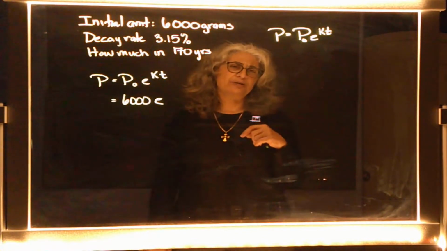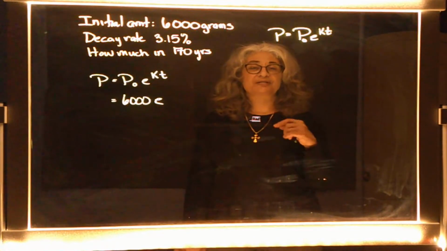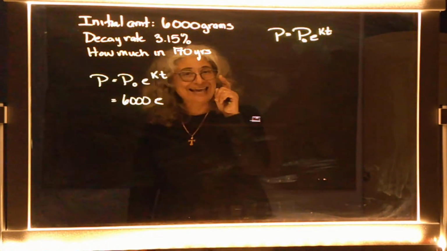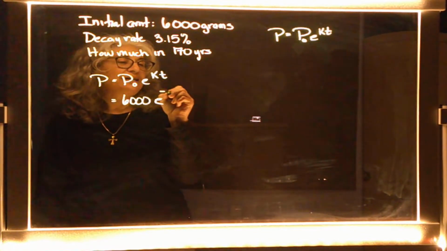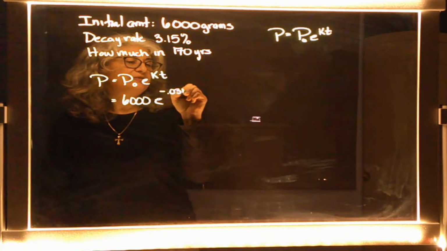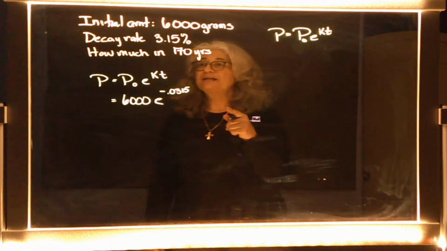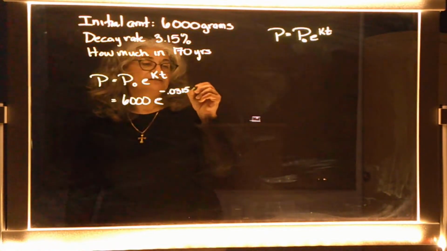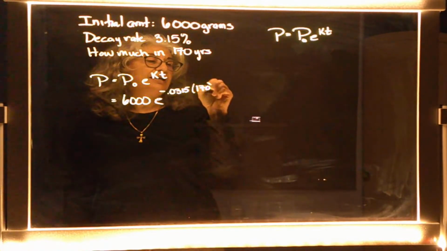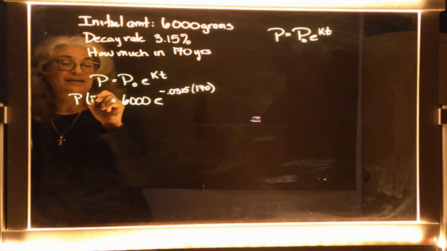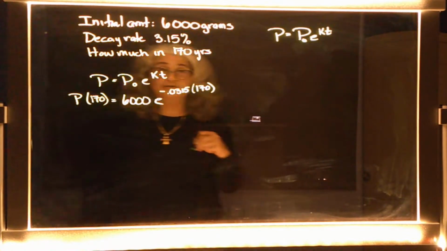Now, how do you write 3.15% as a decimal? Good, 0.0315. But since it's decay, it's got to be a negative 0.0315. Agreed? Okay. And then the time is 170 years, isn't it? All right. And over here, I'm looking for the ending balance at time 170 years.